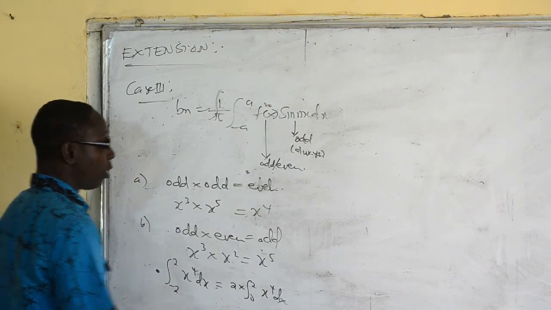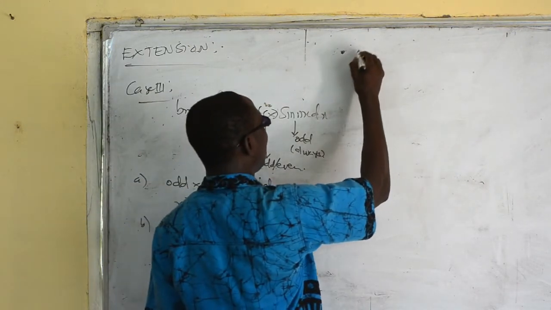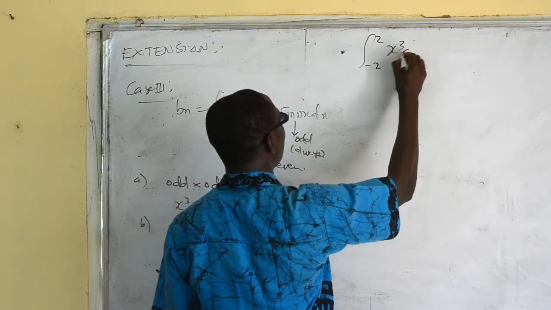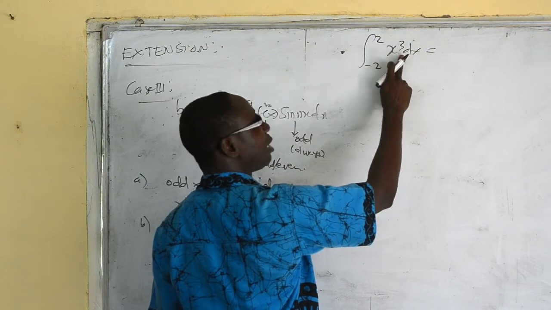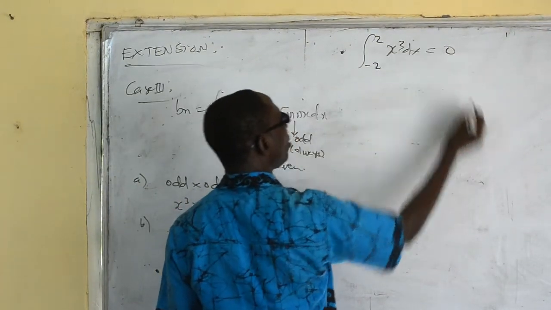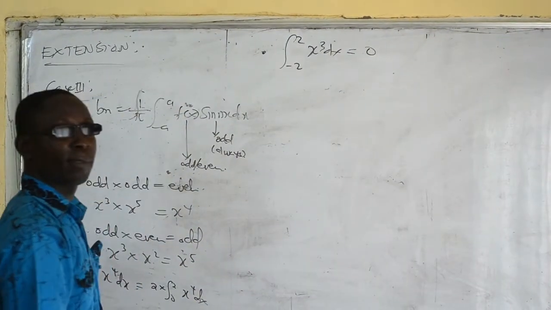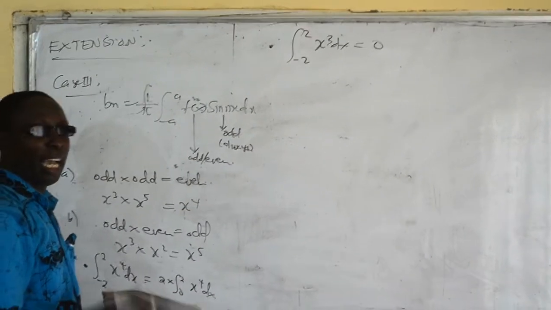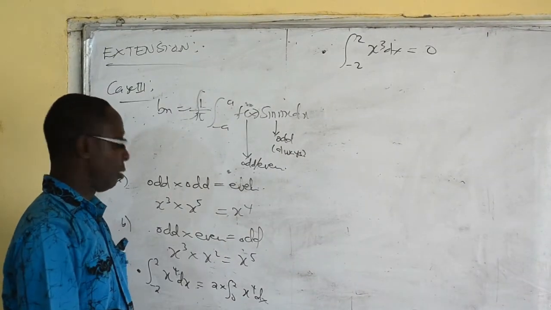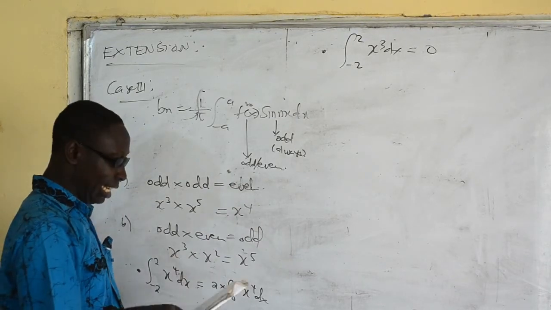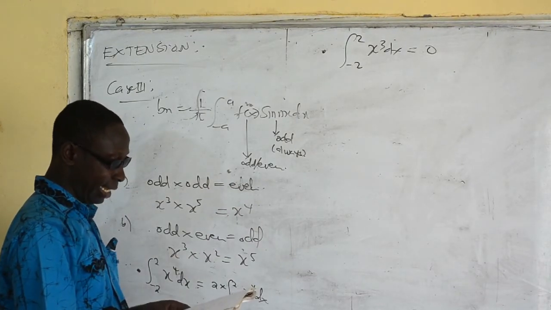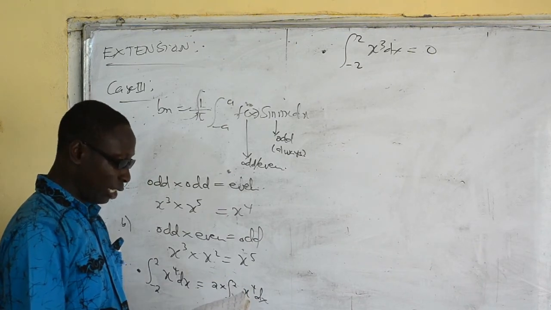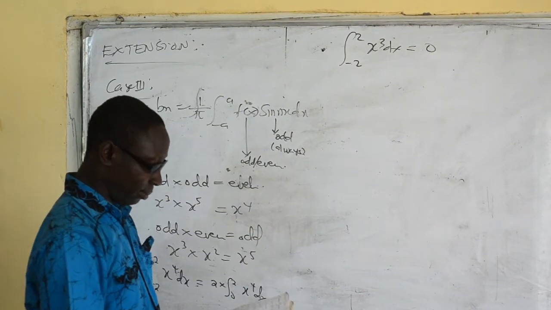But if it is odd, like the integral from negative 2 to 2 of x cubed dx, there's nothing I can do, you get 0 straightforward. Because it is odd, you get 0. If it is even, it will be 2 times half of that interval. These ideas are what we're going to apply in solving questions under Fourier series. So let's pick a general question.